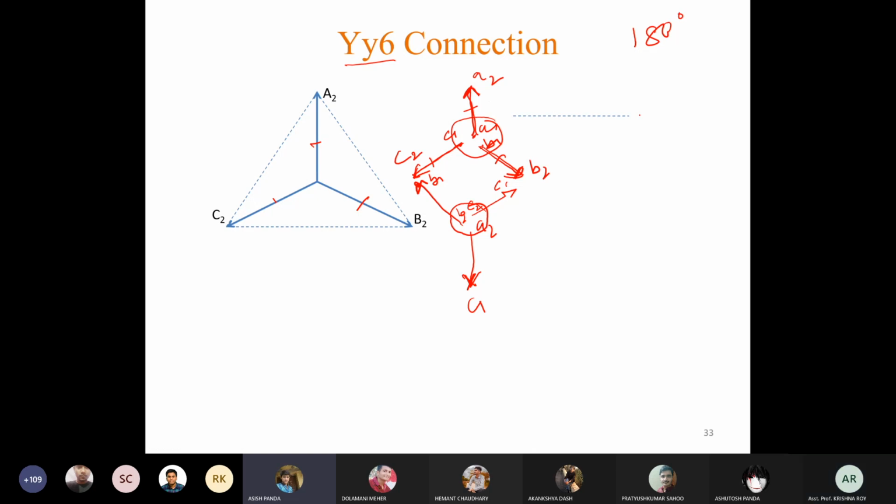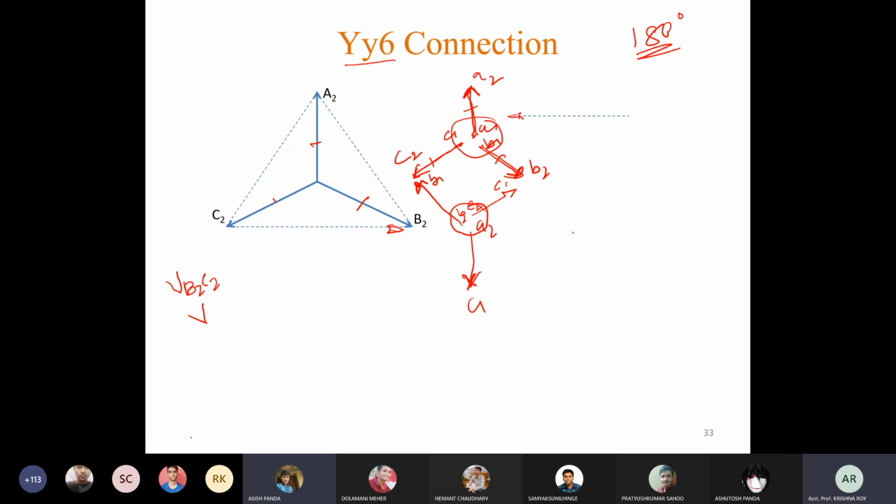Now if we consider the phasor V B2 C2 directed along this direction, then this phasor must be directed in this direction, then it will make 180-degree phase. Okay, and this point will be B1, this point will be C1, and this point will be A1.